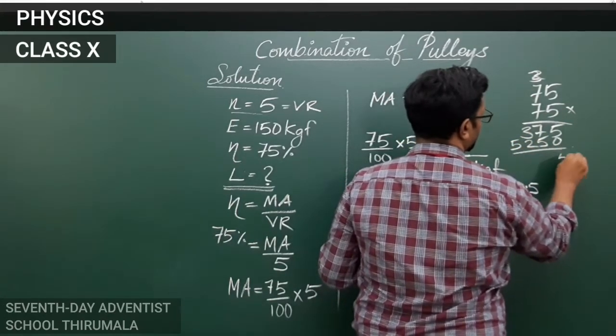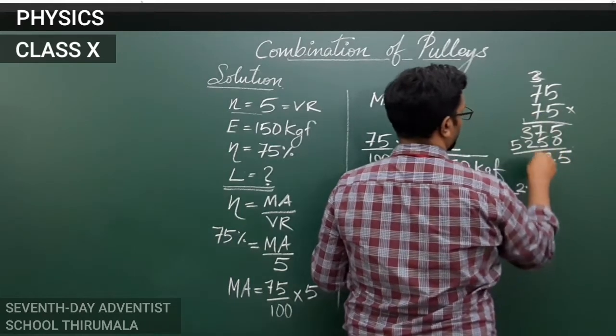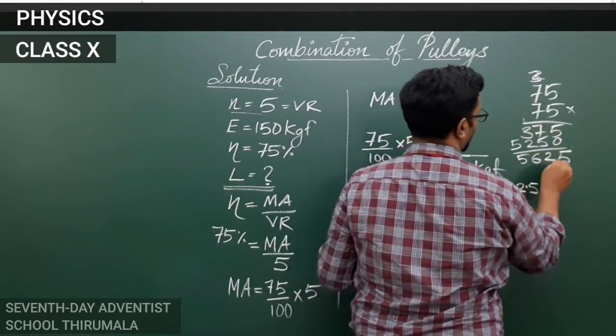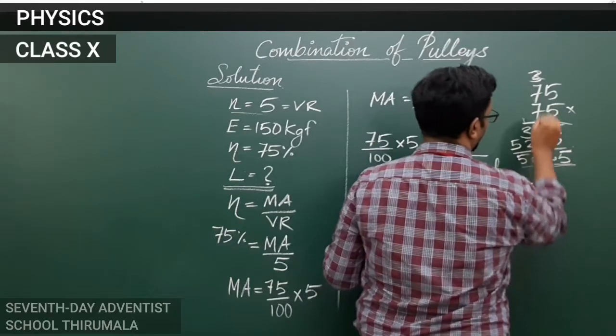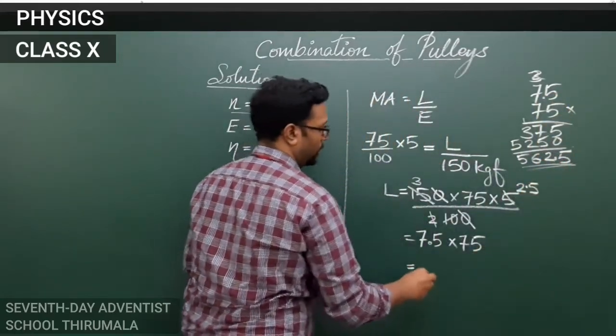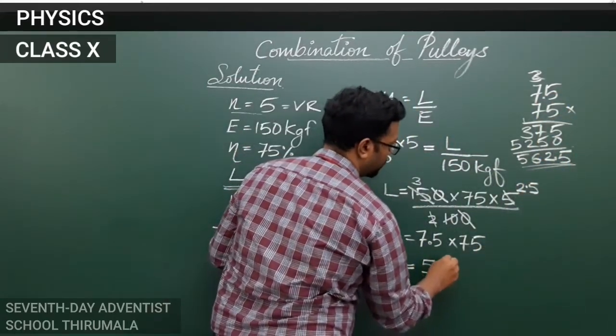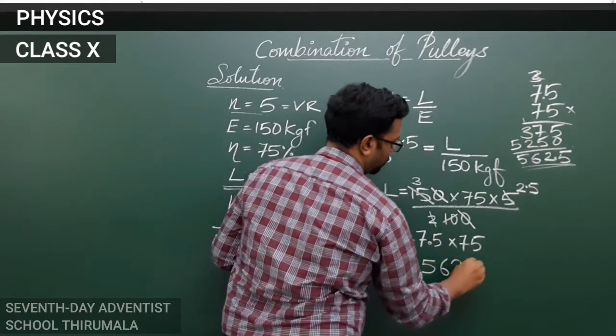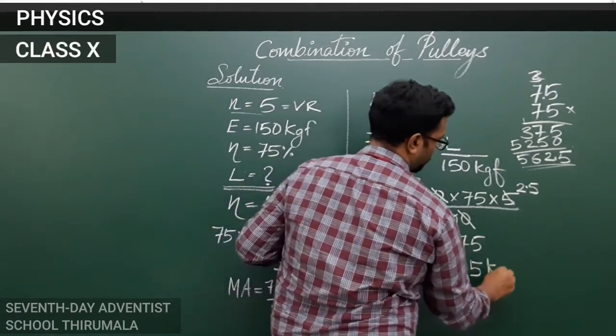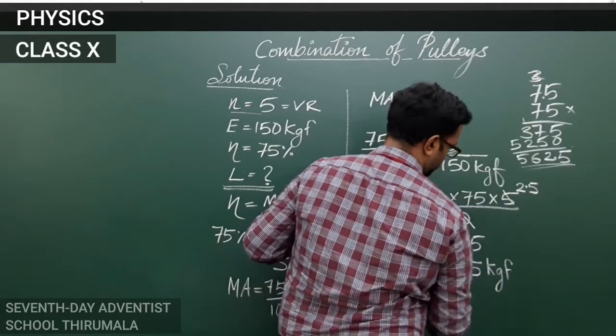When you add them, it is 5, 12, 6, 5. So the decimal place of 7.5, when you add that here, your final answer will be 562.5 kilogram force.